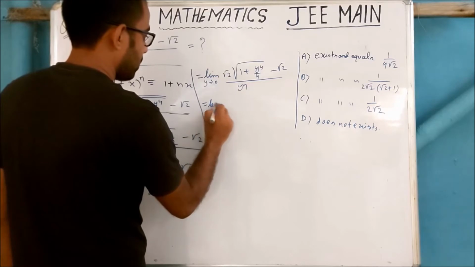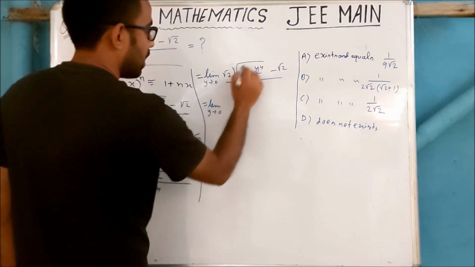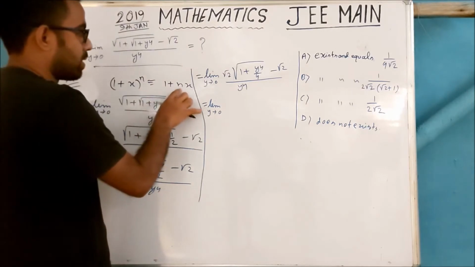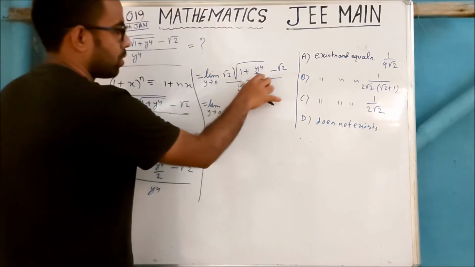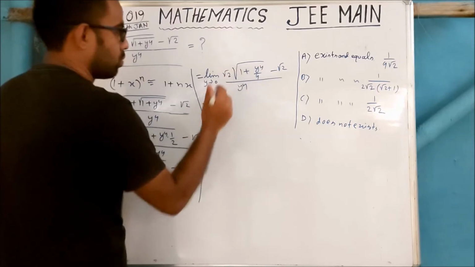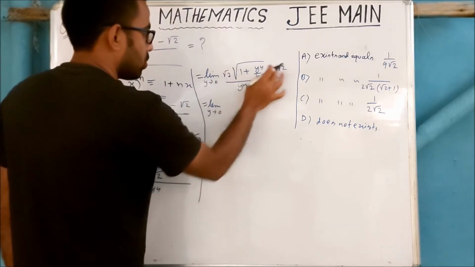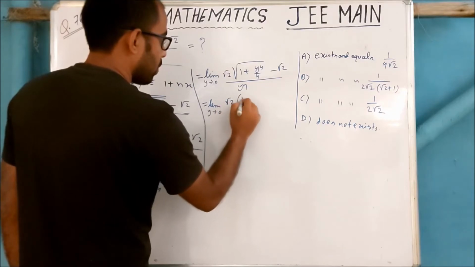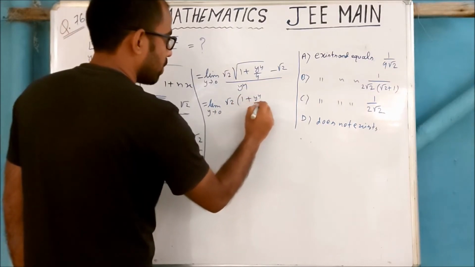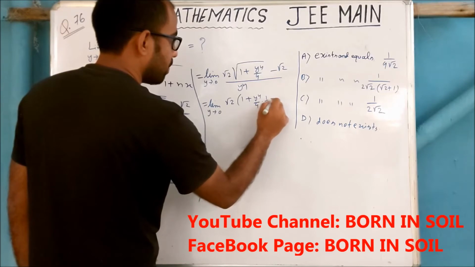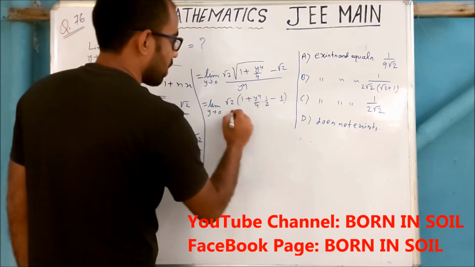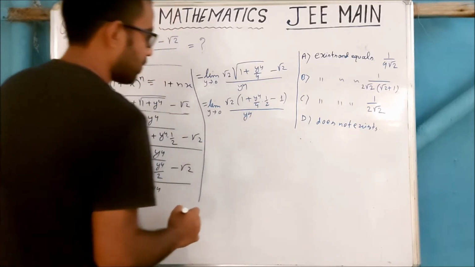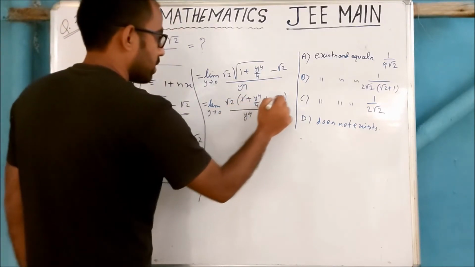So limit y tends to 0, and this value can again be written in the form 1 plus nx, that is 1 plus y to the power 4 into 1 by 2. This root 2 and this root 2 are common from these two terms, so we get root 2 into (1 plus y to the power 4 by 4 into half minus 1) by y to the power 4, and this one and this one cancel out.